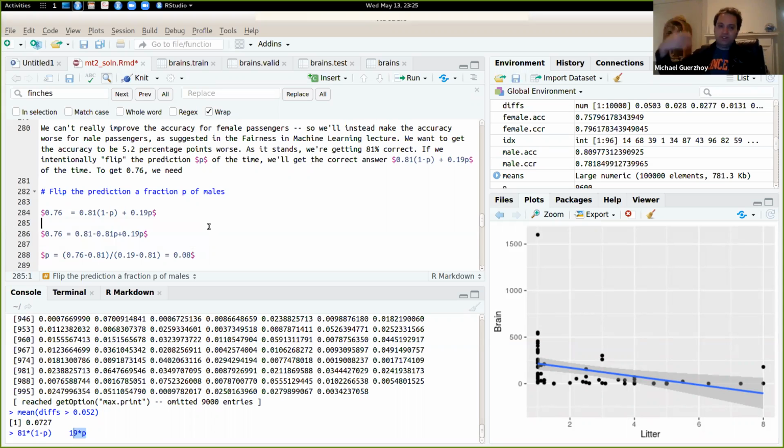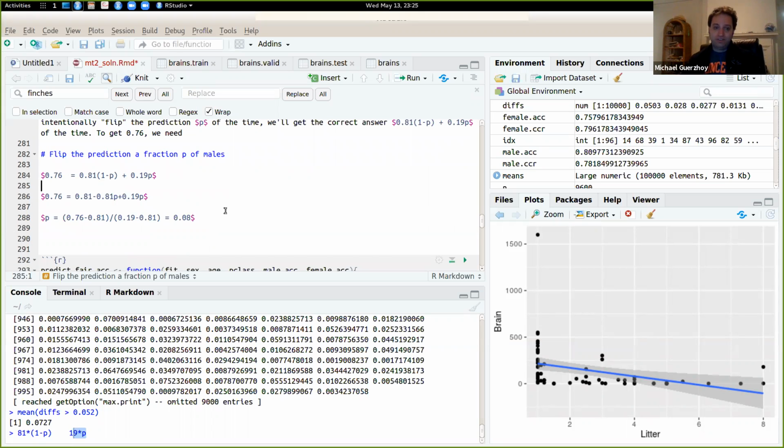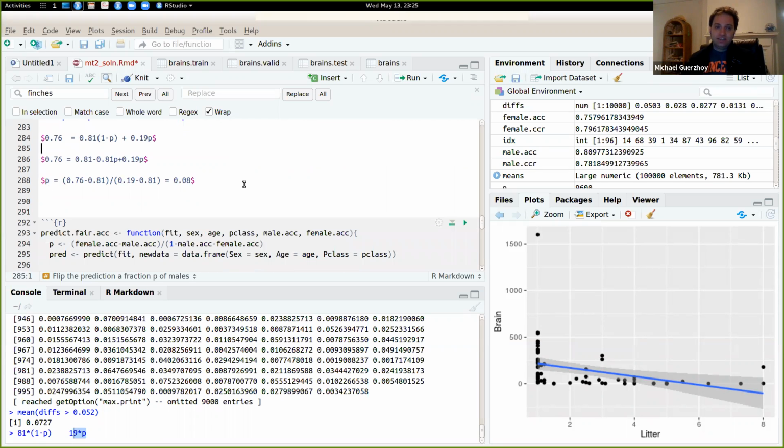Okay. So you could have also done it experimentally, technically, given the wording of the question. But anyway, this is the accuracy for female, accuracy for male, 1 minus accuracy for male.